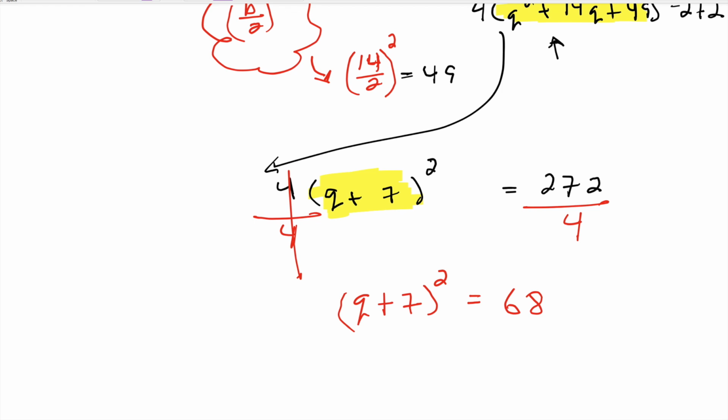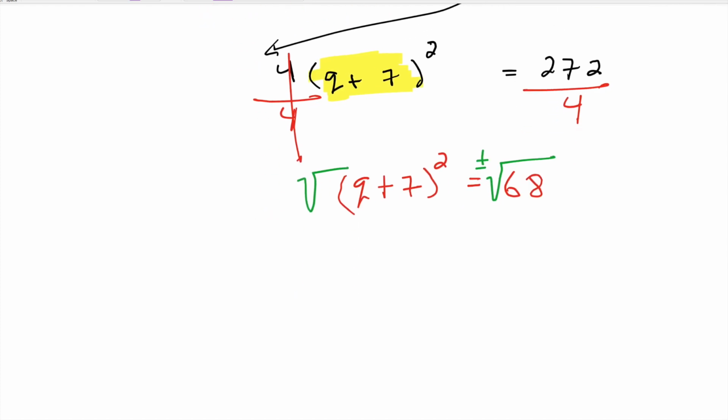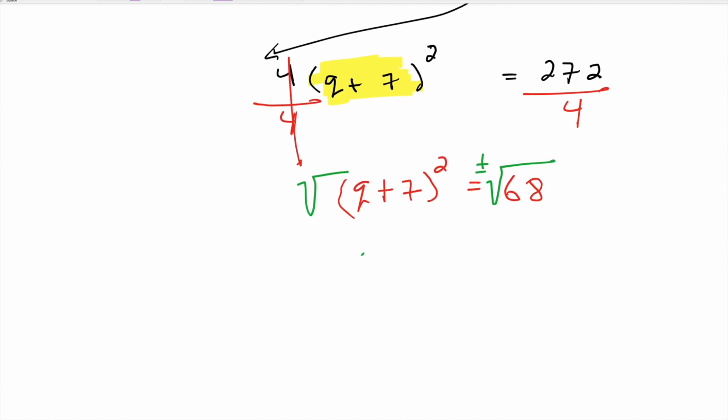Right, now what? You mean take the square root? All right, take the square root, and then on this side, what do we do? Plus or minus the square root. All right, and what do we get on the left? q plus 7, and then what do we get on the right? Plus or minus the square root of 68. All right, then we get our calculators, because that's how Excel wants us to do it.